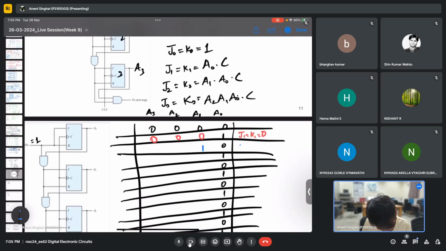And then J2 will be, these two will be 0. Is it understandable to everyone? These two, the calculation that I have done. Should I explain them more? Please let me know if this is the case. Is it clear? Please respond.